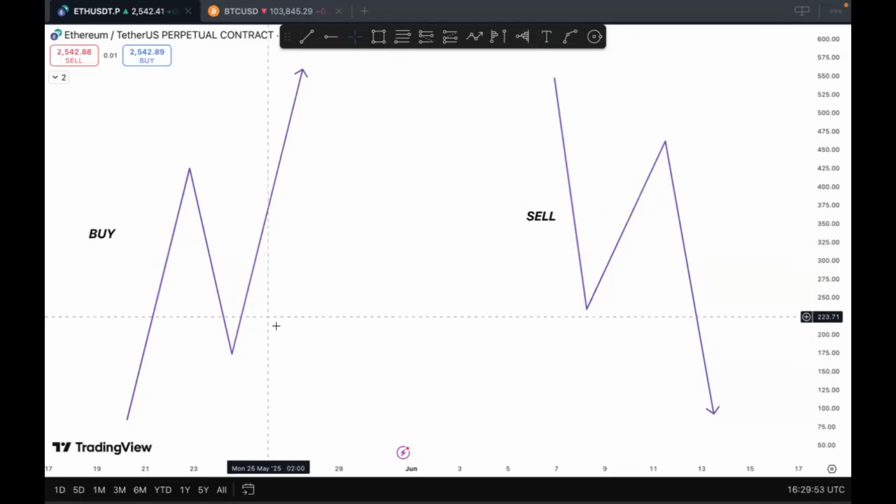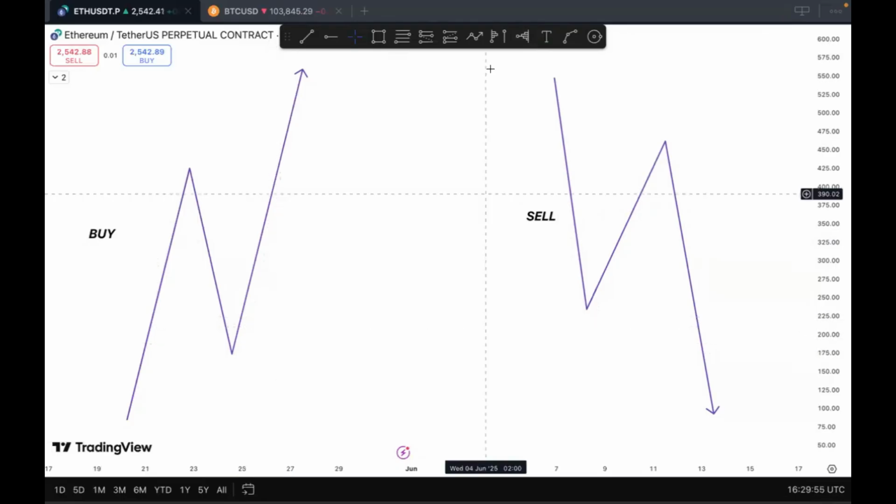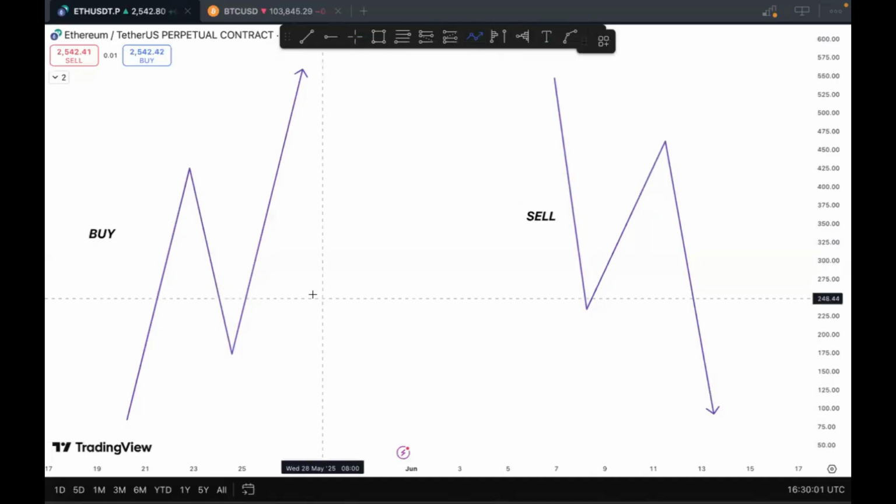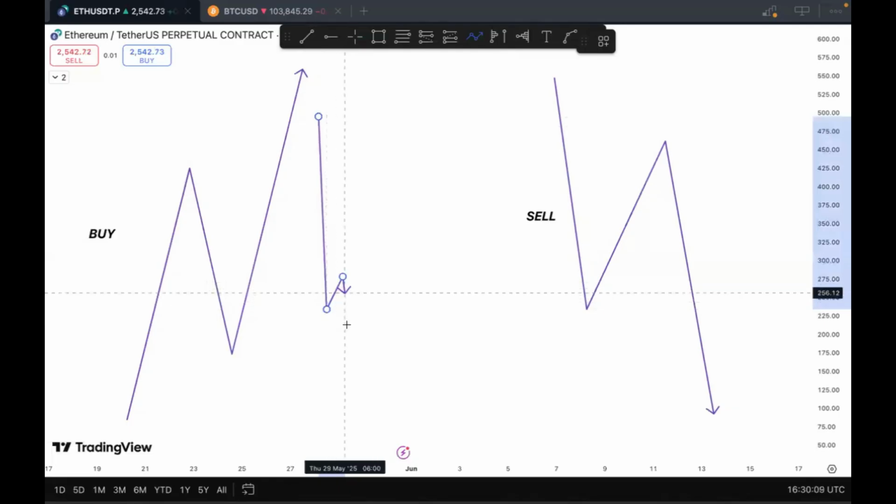So what are you going to do? Let's assume that we had our structure here. Let's say we saw price came all the way down here, and then you saw your structure.